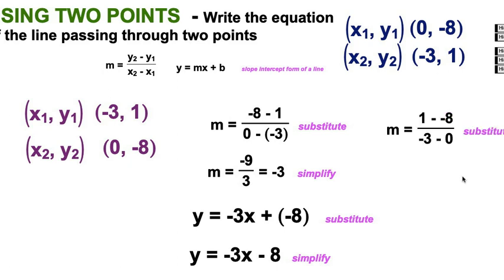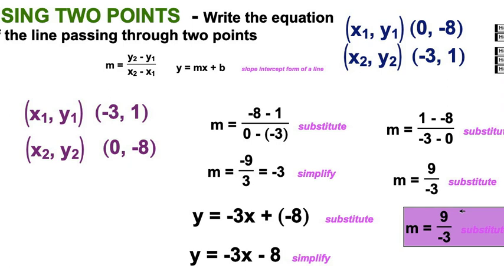Now, 1 minus -8 is 1 plus 8, which is +9. But -3 minus 0 is, of course, -3. And in the end, I still have a positive divided by a negative.